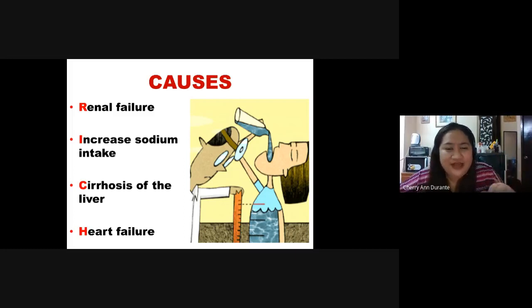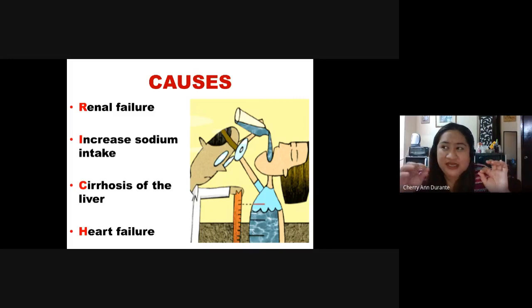Next is increased sodium intake. So increased sodium, it's in the diet. Increased sodium intake can also cause fluid volume excess, or the sodium retention can cause fluid volume excess. Then liver cirrhosis can lead to edema. Bakit? Sabi natin kanina, pag meron kang liver disease, it causes hypoalbuminemia.